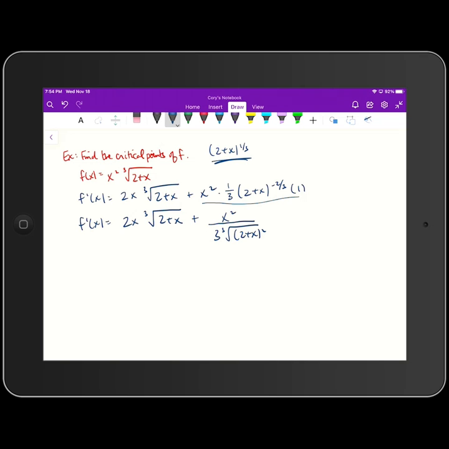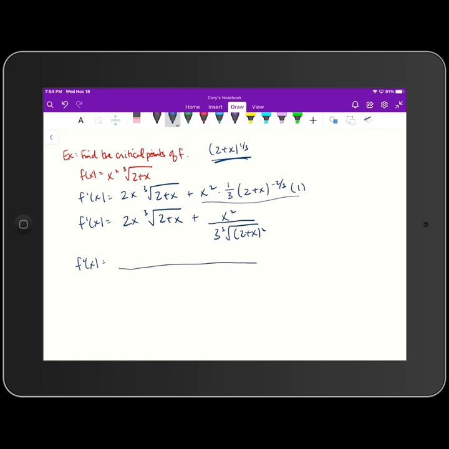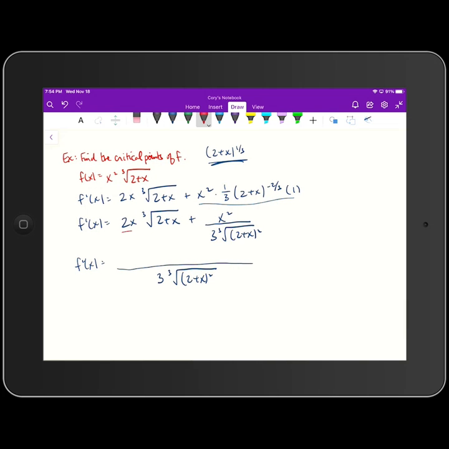Okay, and again, I want to combine this into a single fraction. So that's going to make f prime equal, my common denominator here is going to be 3 times the cube root of 2 plus x squared. Well, that first quantity is like writing it over the number 1.